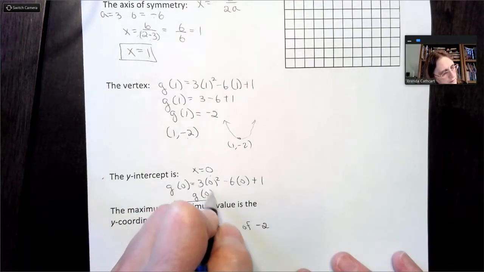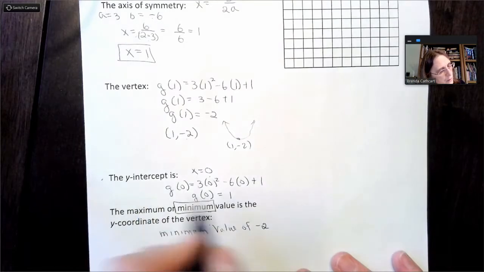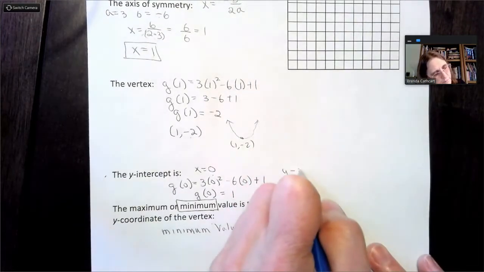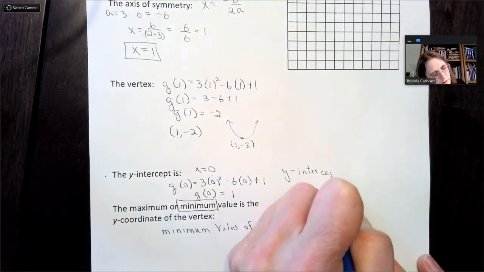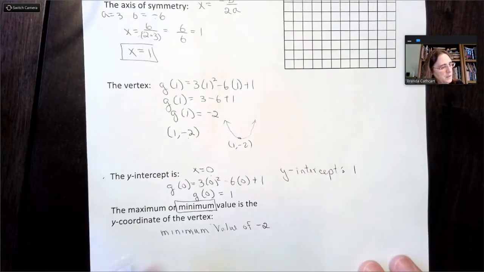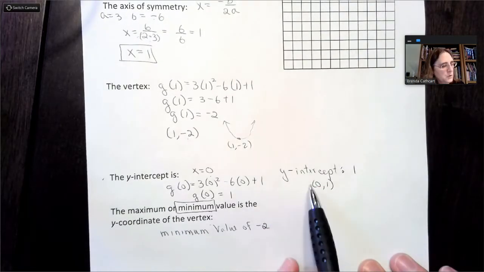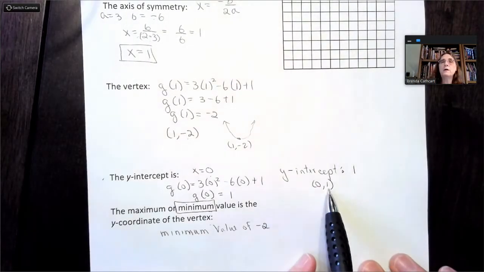Notice that we get the term c. So our y-intercept is just 1. And again, this is an ordered pair, (0, 1). We used x as 0, and we got y as 1.